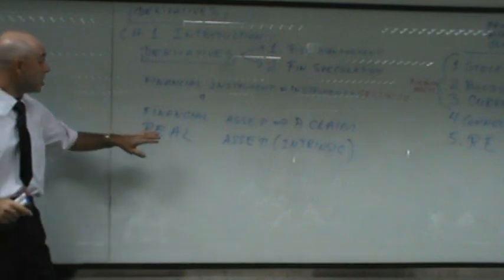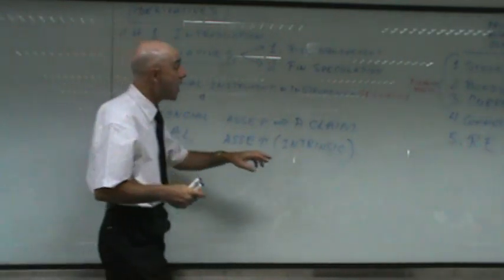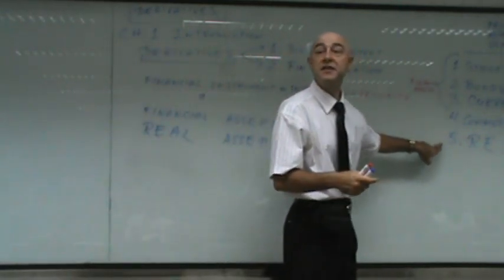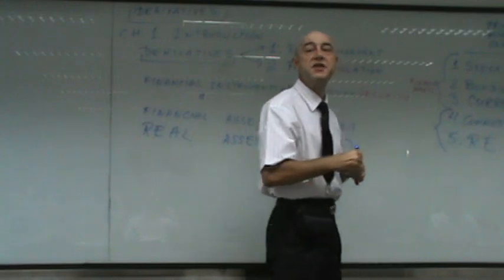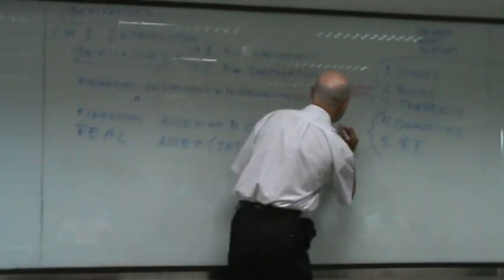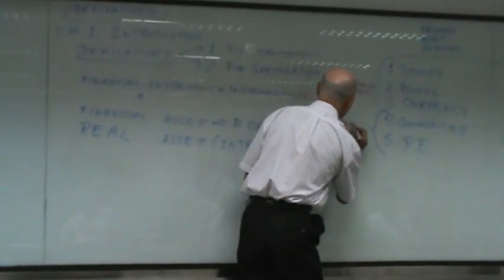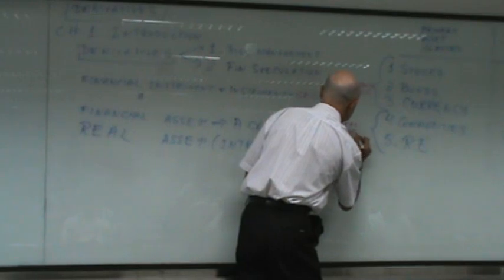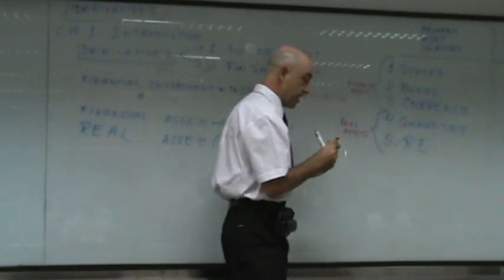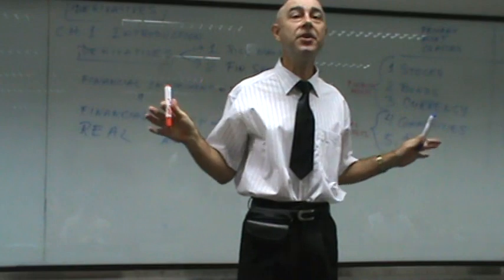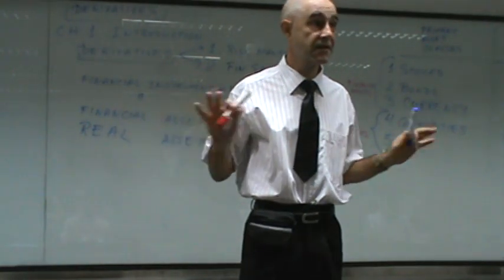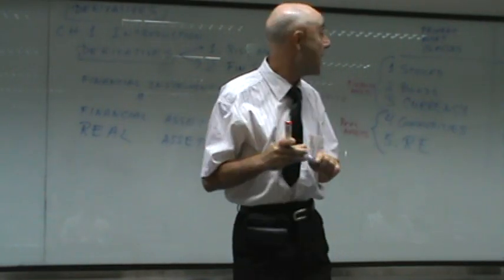And the real assets are commodities and real estate. Is this so far clear?